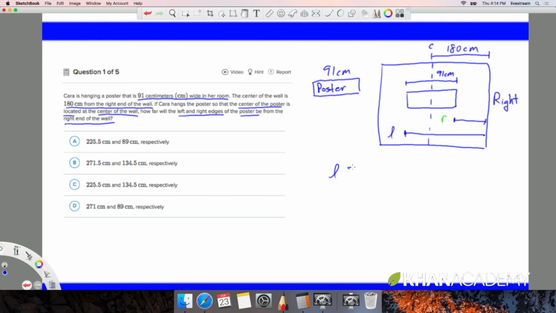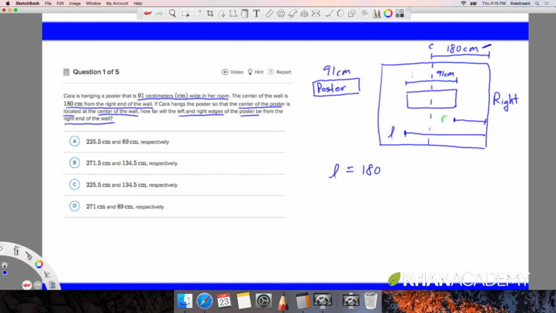So now that I have the diagram, it really helps to clarify what I'm dealing with and what I'm solving for. So let's take these one by one. So if I want to solve for this distance of L from the left edge of the poster to the right wall, it looks like this 180 centimeters here is a pretty good starting point. So it's at least 180 centimeters since I'm all the way to the center. And then I have this half of the poster that is just to the left of the wall.